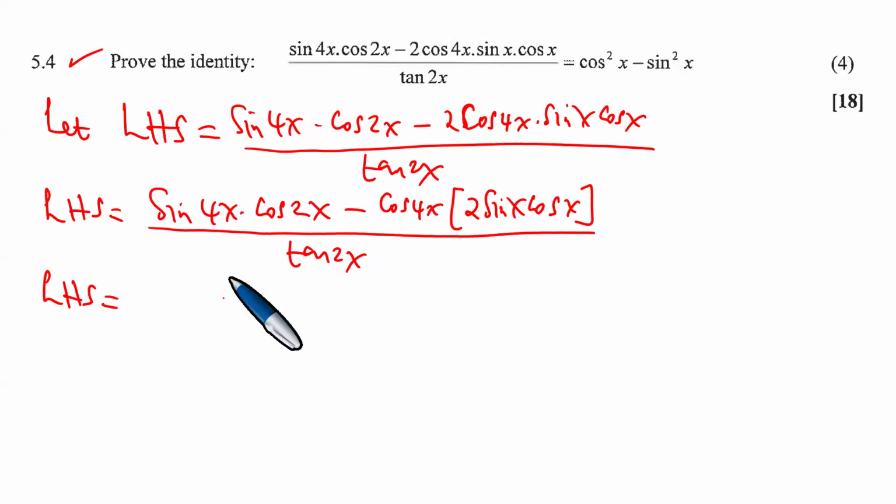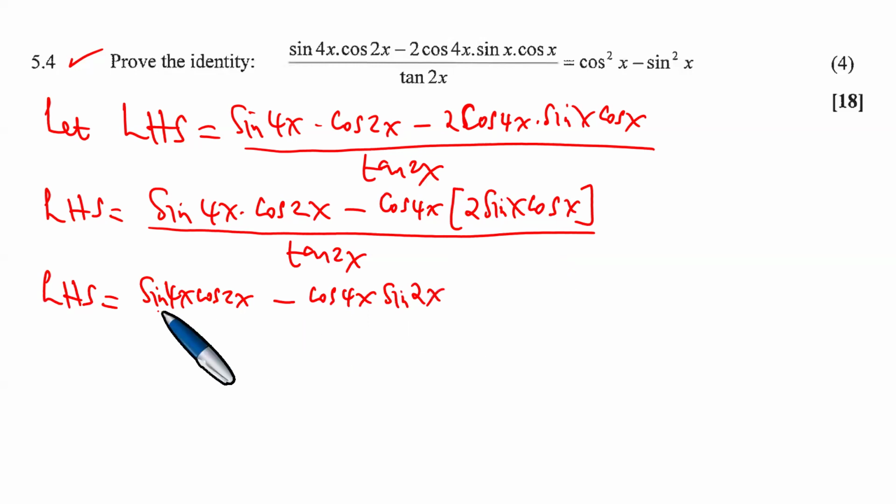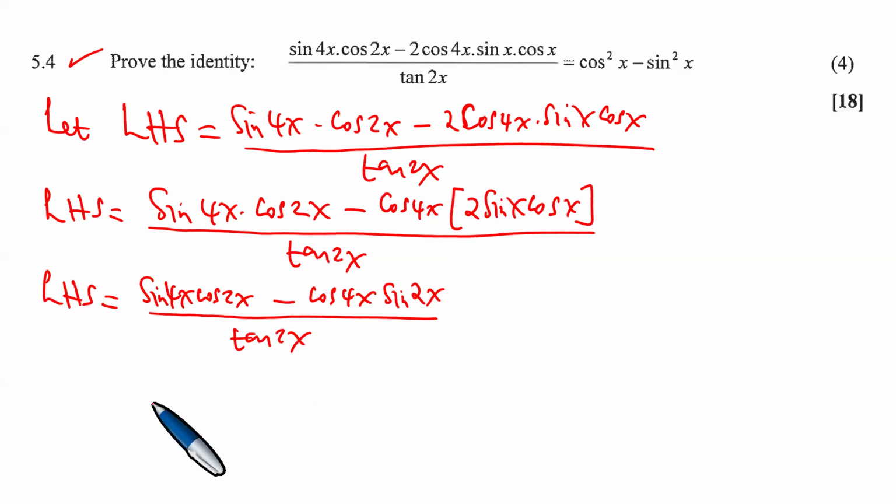The left-hand side is exactly the sine of 4x cosine 2x minus cosine 4x. What is this one? The 2 sine x cosine x is the same as the sine of 2x, all divided by the tangent of 2x.